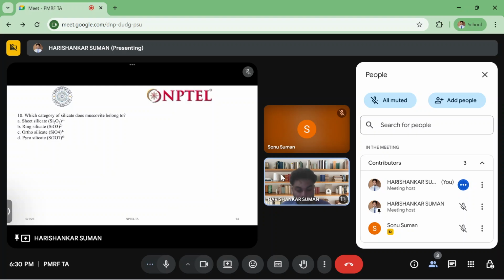Next question. Which category of silicate does muscovite belong to? Sheet silicate, ring silicate, orthosilicate, pyrosilicate. Please give me the right option. Choose your answer.